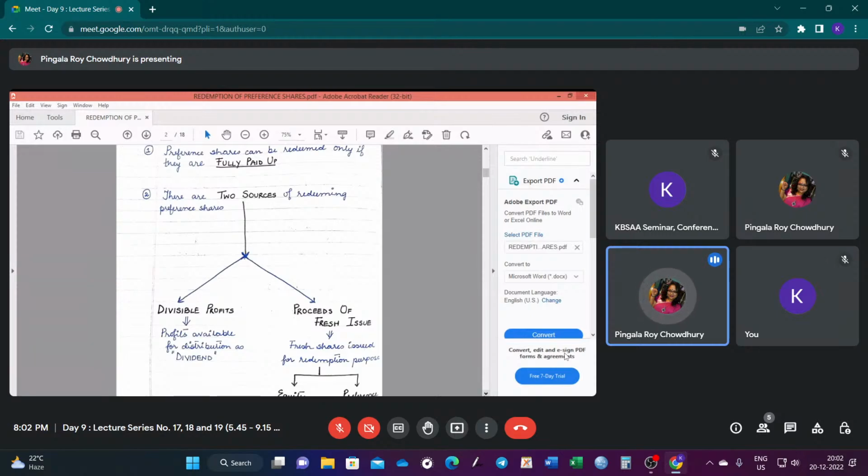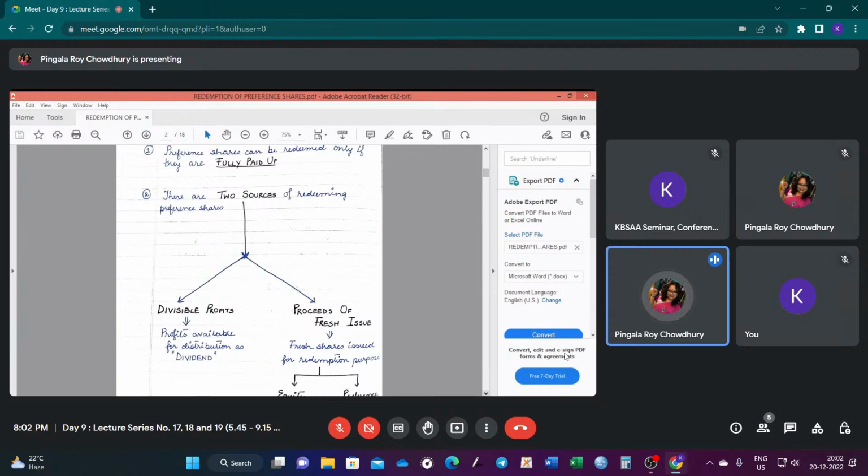The first source is the divisible profits. By divisible profits, I mean the profits which are exclusively available for distribution as dividend. As we all know, if a company has 1 lakh amount of profit and if it distributes the entire 1 lakh amount as dividend, it won't be able to run the business for long. Why?